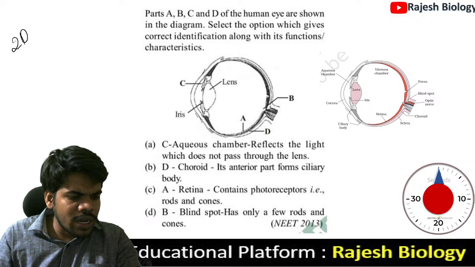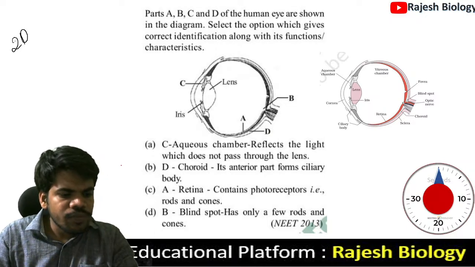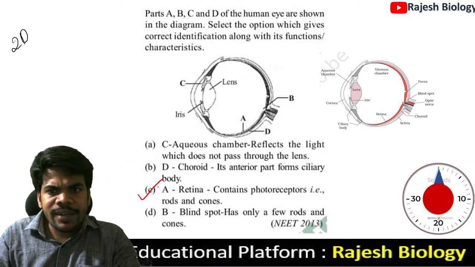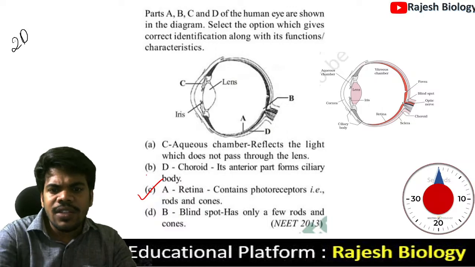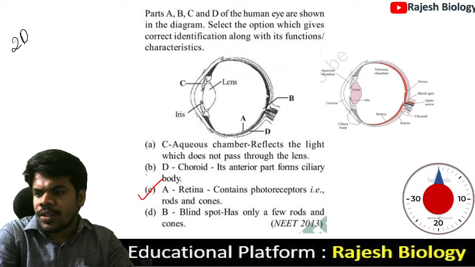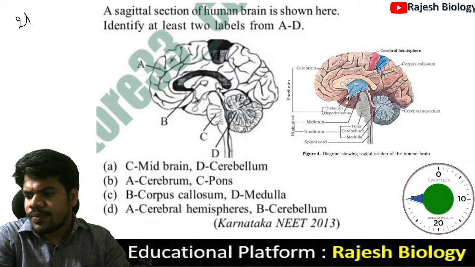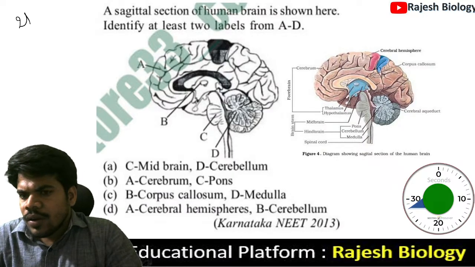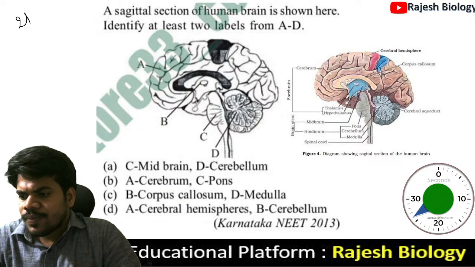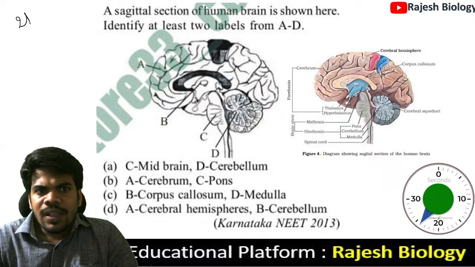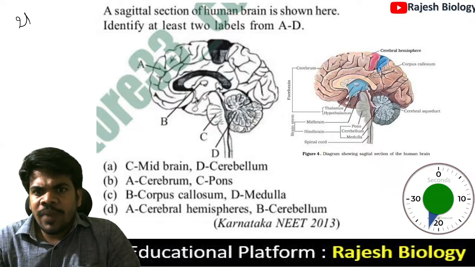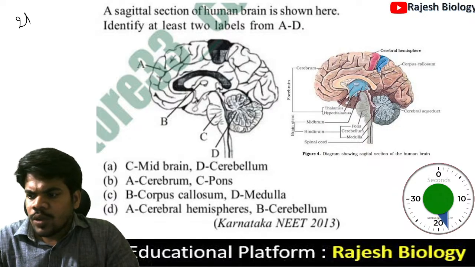For this question the right answer is: A is retina, contains photoreceptors, rods and cones. Next, 21st question. A sagittal section of human brain is shown here. I already mentioned that clue.